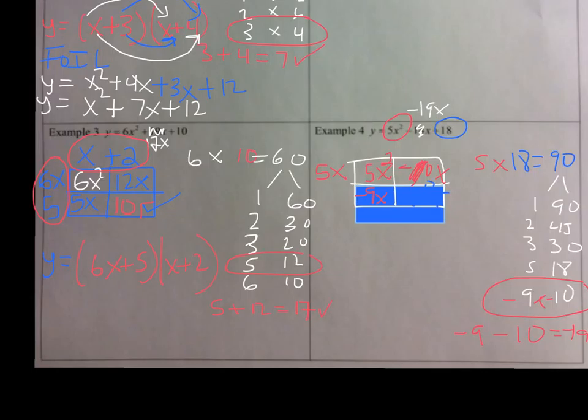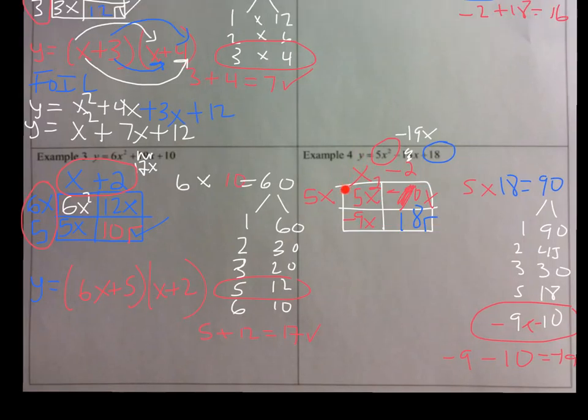And then again, we ask ourselves, 5x times what value will give us 5x squared? The only value would be x. And same question, 5x times what value will give us a negative 10x? That would be negative 2. Alright, so I'm going to move this box.